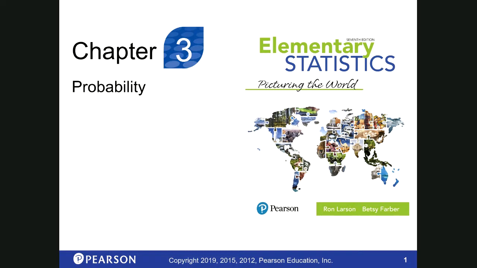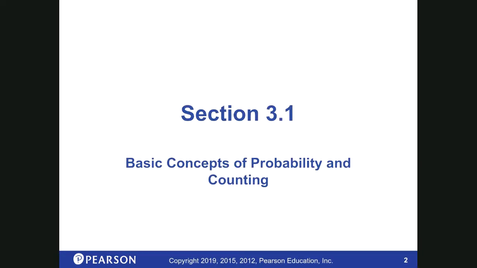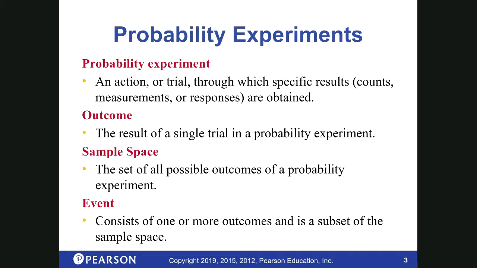Okay, let's go on then. So we're looking at this. We're going to do section 3.1, which is the basic concepts of probability and counting. And first we start off with some definitions.